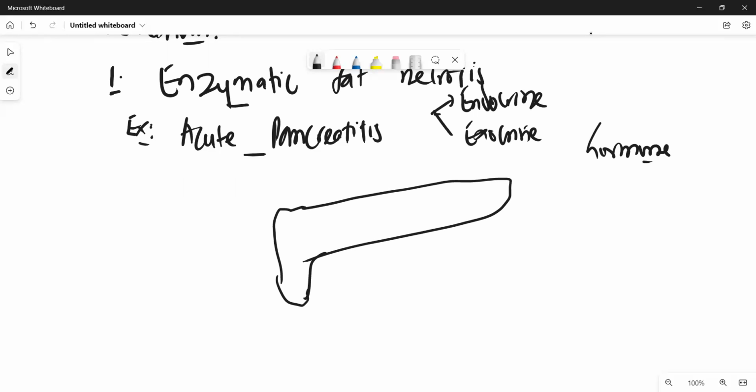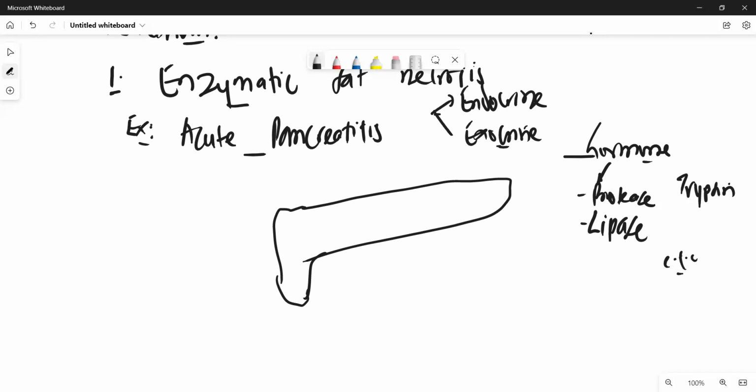They help with digestion. Some of these exocrine enzymes are proteases that help with digestion of protein, for example trypsin. And then we also have the ones that help with digestion of fats, for example lipase, and so on and so forth.